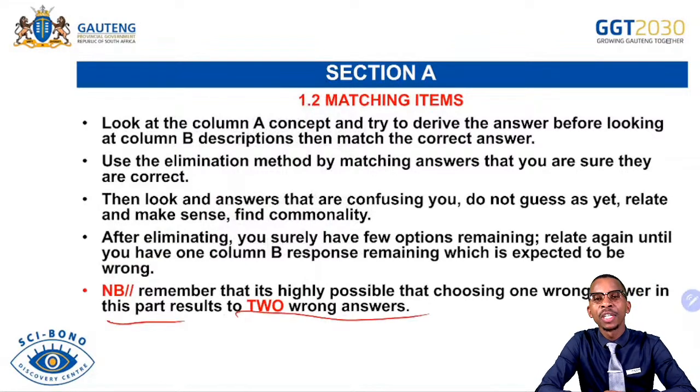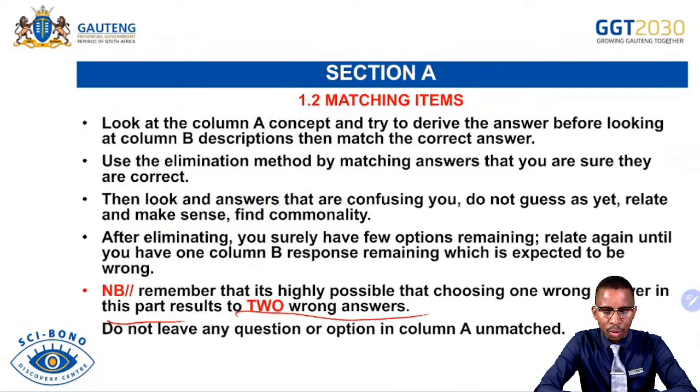Like I mentioned, if you choose the answer for 1.2.1, you put it in 1.2.3, then you have 2 answers wrong. So in that case, you will end up getting even 0 score. So ensure that you avoid it. Do not leave any question or option in column A unmatched. You must match all options.